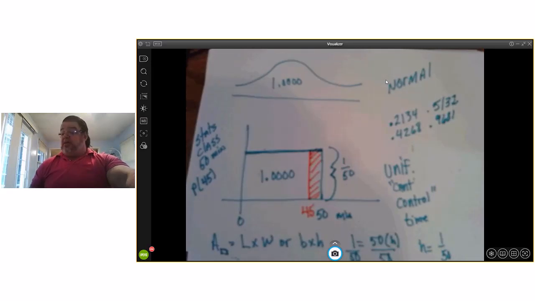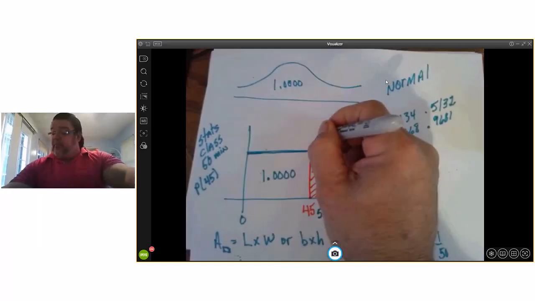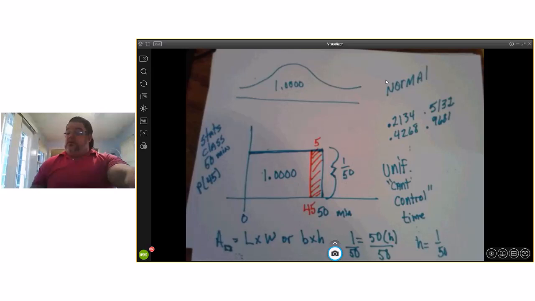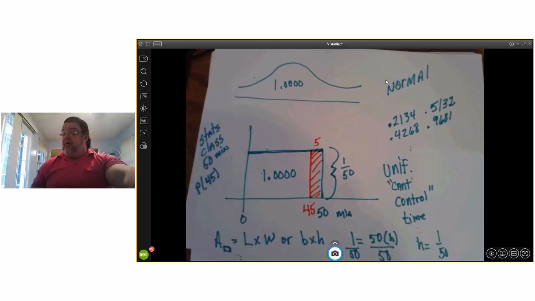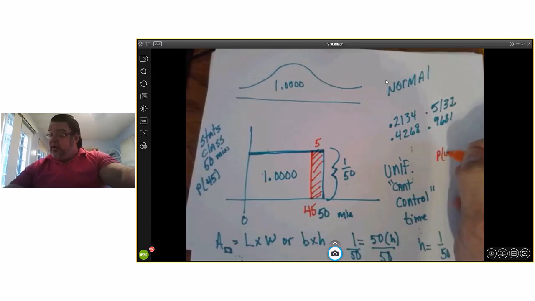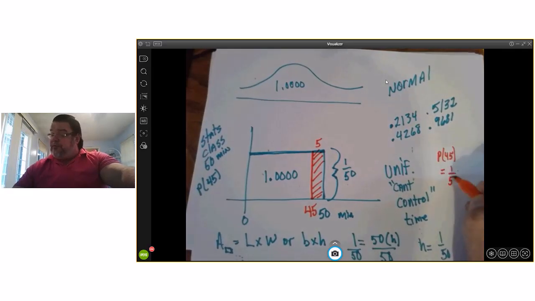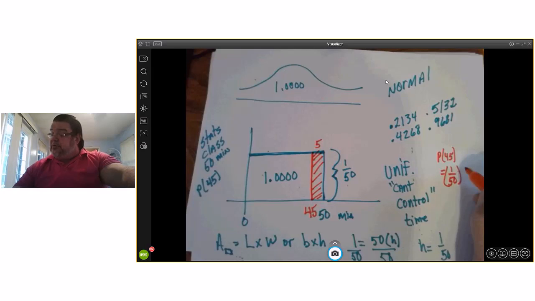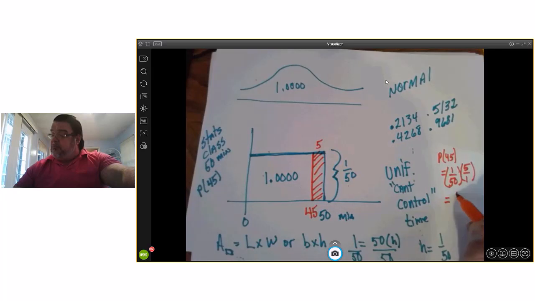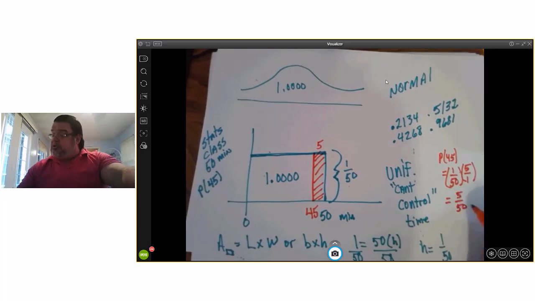You know the height is 1 over 50. What's the width? What's 50 minus 45? 5. So what is the area of the orange box? The probability is going to be equal to 1 over 50 times 5 over 1, which is equal to 5 over 50, which is equal to what?